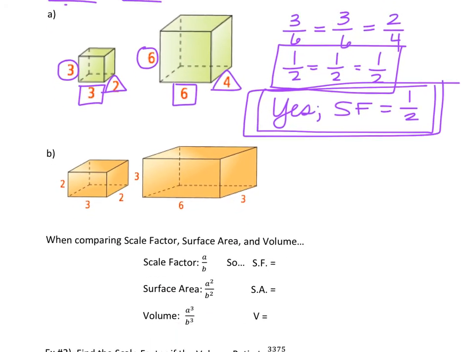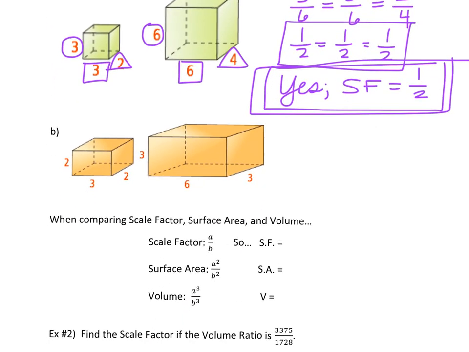Okay, look at the second one here. The question is, are they similar? If so, give the scale factor. So now we're going to say 2 to 3. 3 to 6. And 2 to 3.